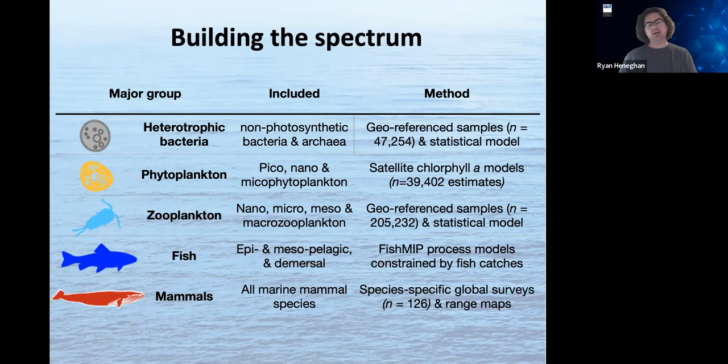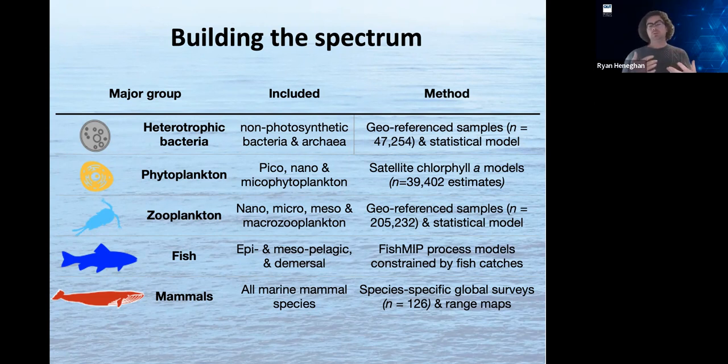We had 5 major groups that covered the majority of life, and you can see that for each of these groups, there were different methods. We used a combination of georeferenced samples. For heterotrophic bacteria, there's the Pangea dataset, the Tara Ocean Survey, and a few others as well.